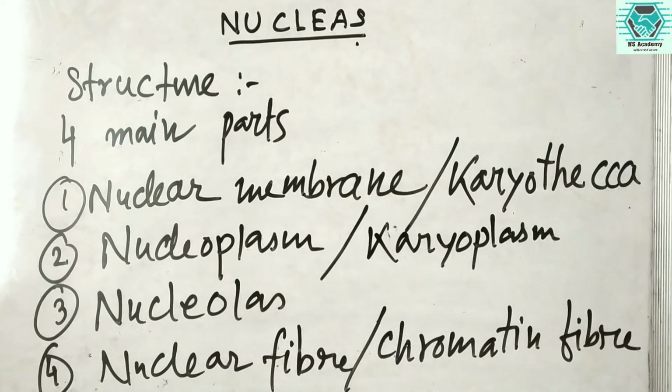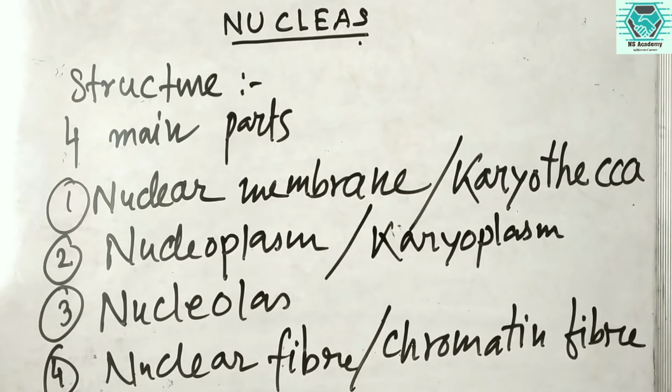The nuclear fiber is also known as chromatin fiber. So these four parts are very important in the structure of a nucleus. One by one now we see these parts elaborately.